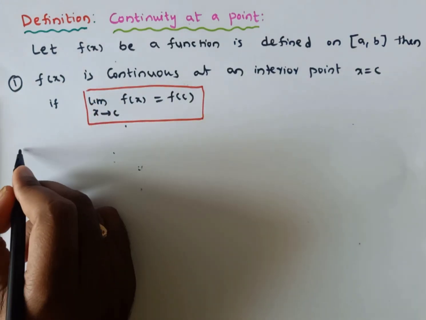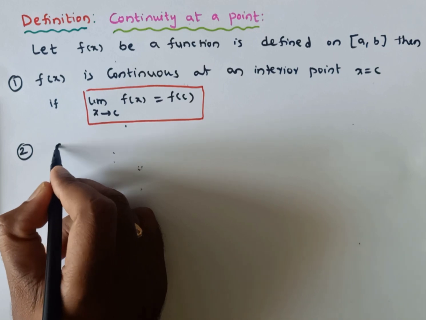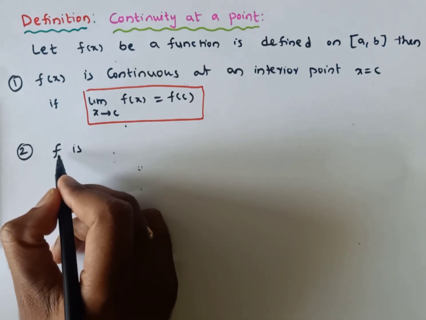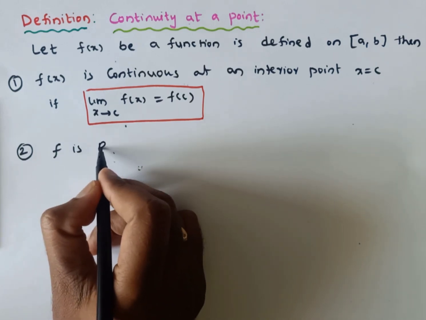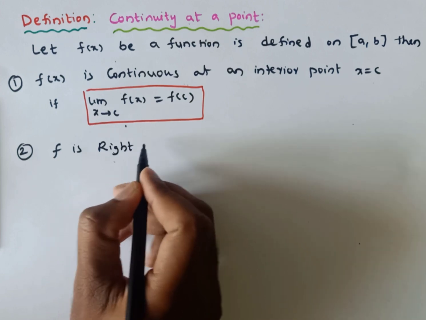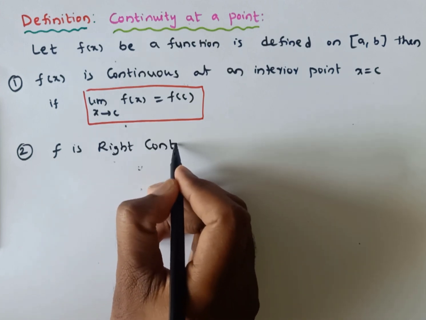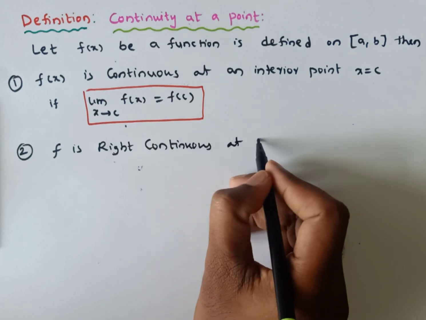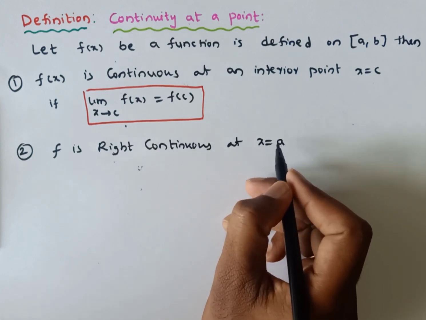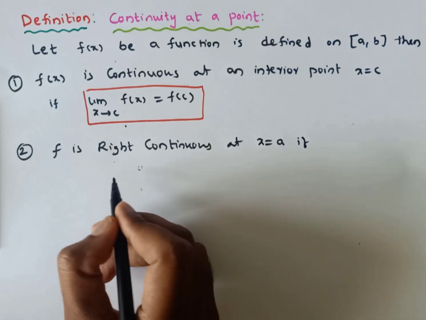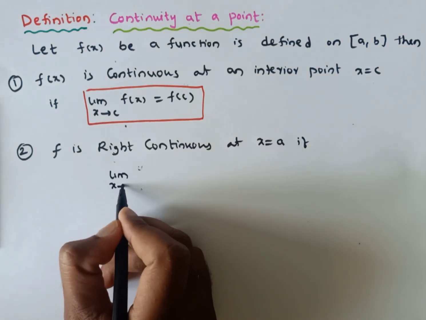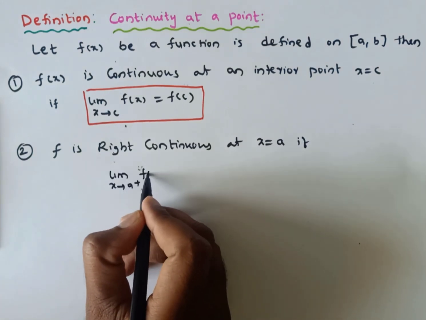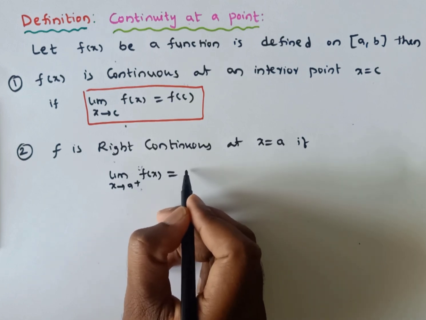Next, the second one. Here f of x is right continuous. Sometimes we say that it is right continuous at x equals a only, since a is a left end point, if the limit as x tends to a plus of f of x equals f of a.